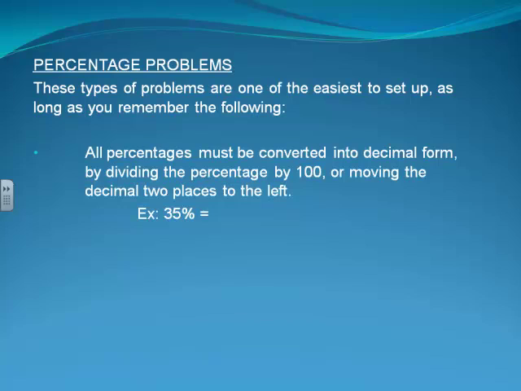For example, 35%, you can either take that value and divide it by 100 and then get a decimal on your calculator, or if you remember that any number that doesn't appear to have a decimal point, the decimal point is always at the end of the number. If you move that 2 places to the left, that will give you 0.35.